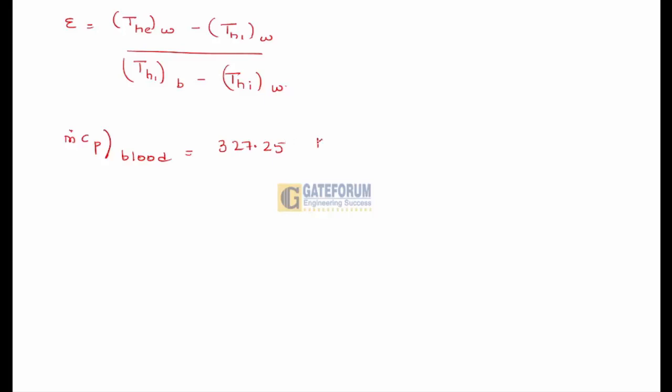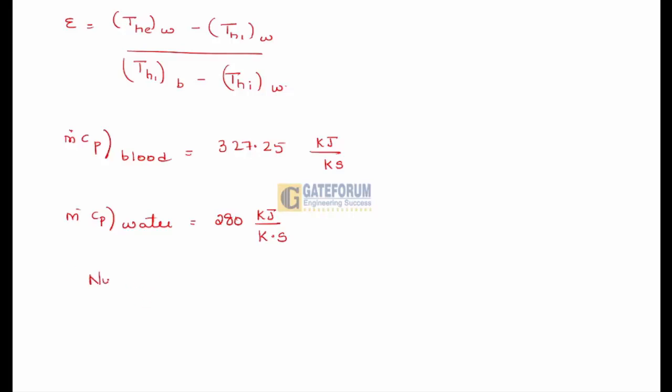You will get 327.25 kilojoule per Kelvin second, m into Cp, both are known to you. m Cp of water is 280 kilojoule per Kelvin second.